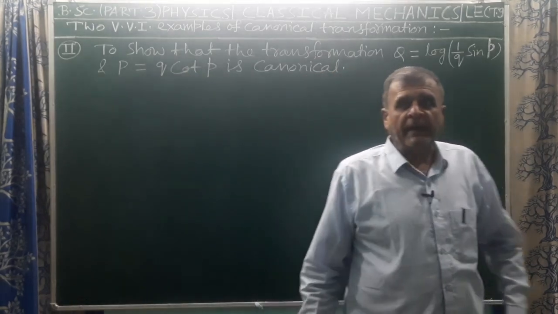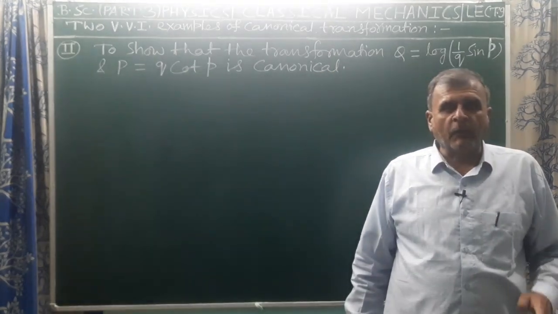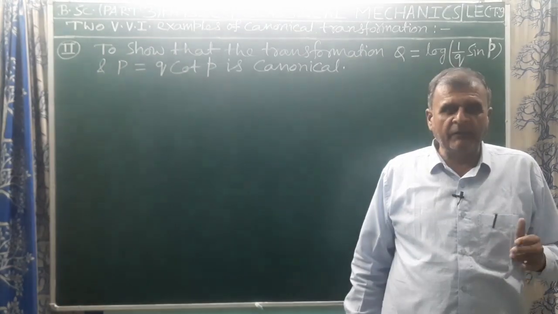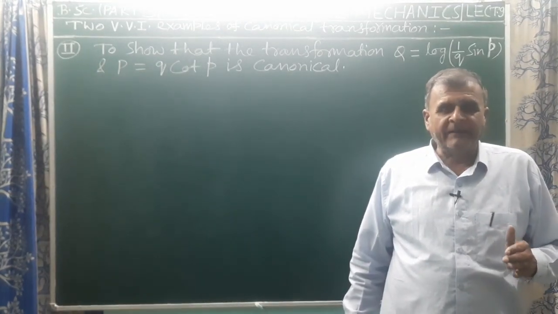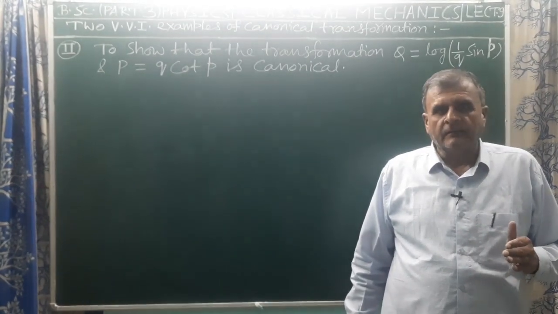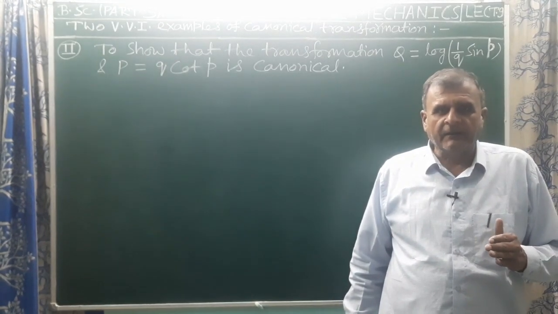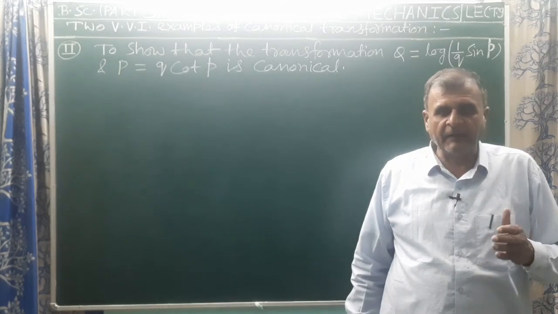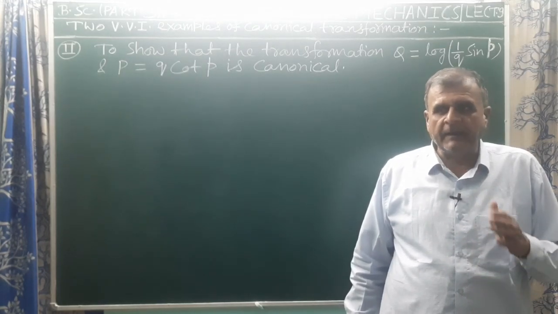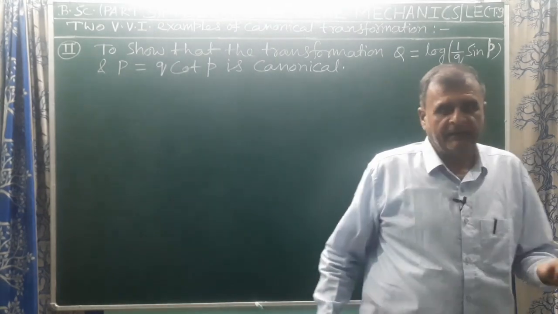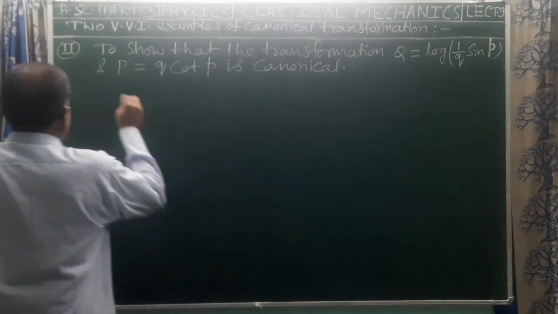Again we have to show that the product of a small p multiplied by d a small q minus capital P multiplied by d capital Q, that is the differential of capital Q, must be an exact differential.